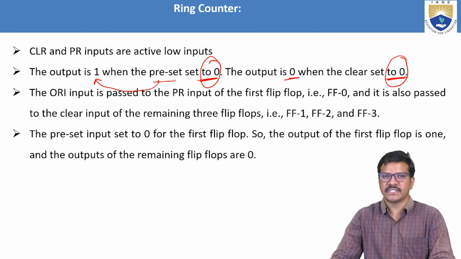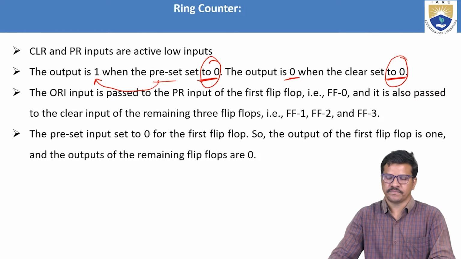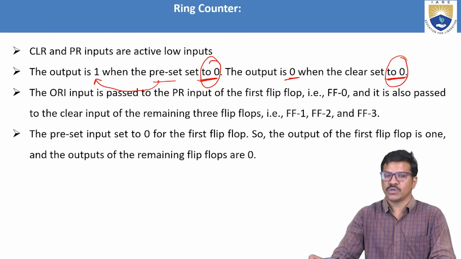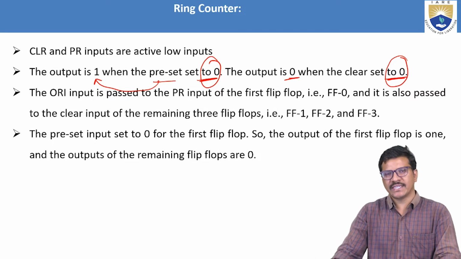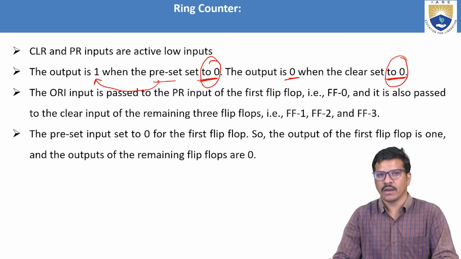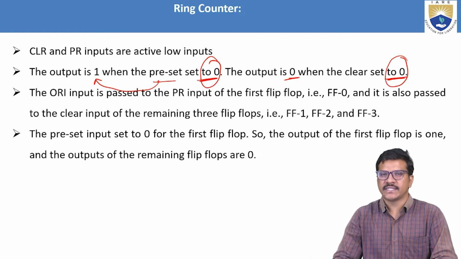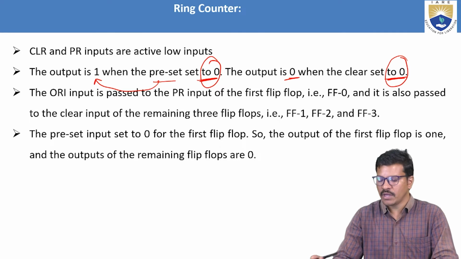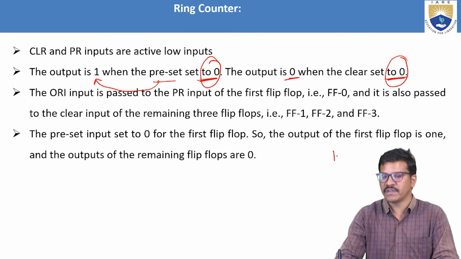As I said, the preset input is set to 0 for the first flip-flop, so the output of the first flip-flop is 1 and the outputs of the remaining flip-flops are zeros. So when we apply these asynchronous inputs to the ring counter, by setting preset to 0 and clear to 0 at the clock pulse at t equal to 0, our first flip-flop is logic 1.